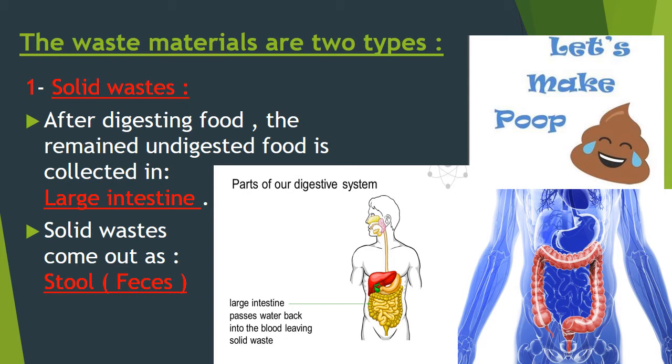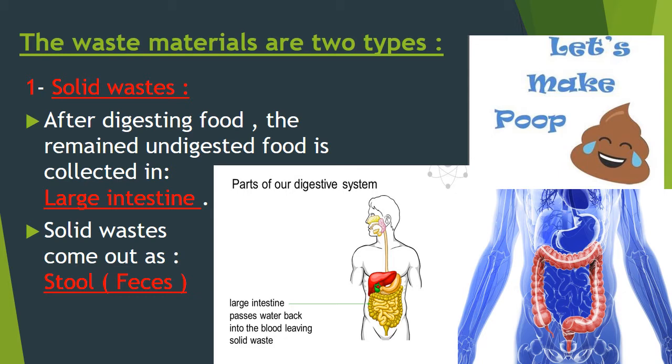The remaining undigested food is collected in the large intestine to be pushed out of the body in a form of stool or feces. Stool or feces. What's meant by stool or feces? It's the picture up on the right, okay?